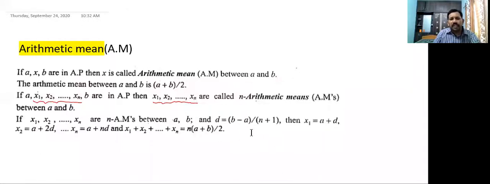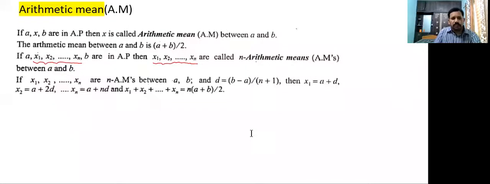How did we get the d value? Now I will prove it. See here, a and b.